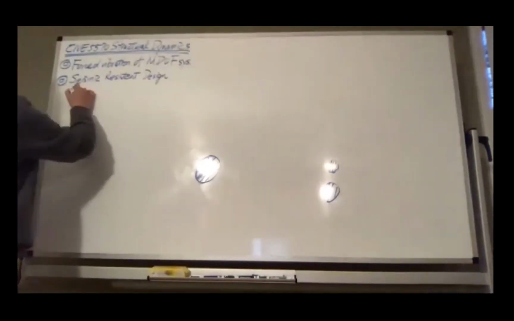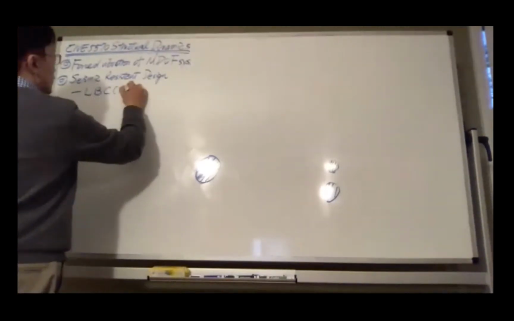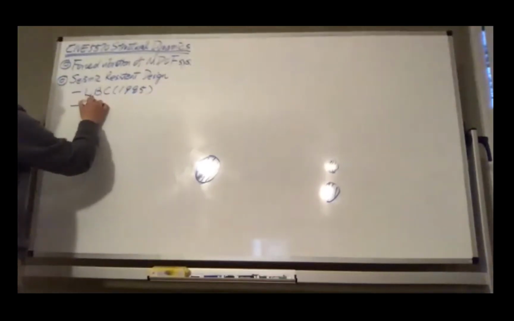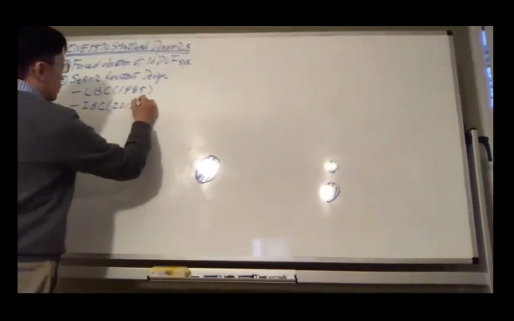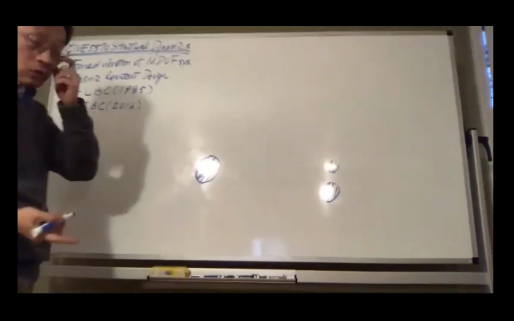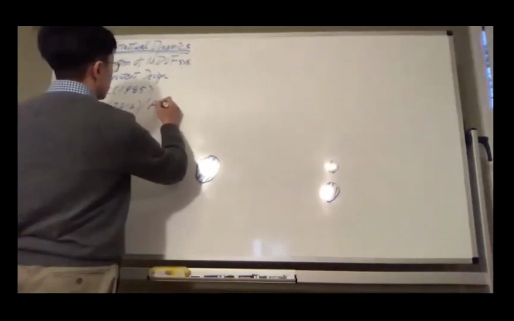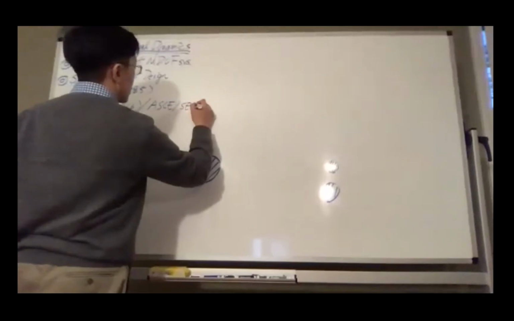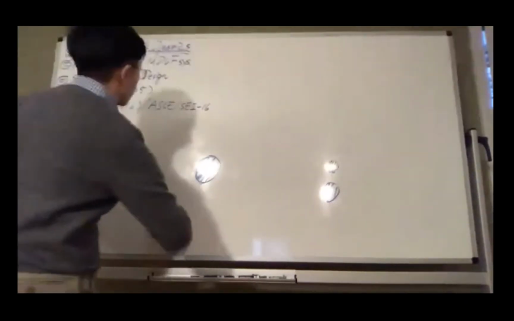One is UBC 1985. The other one is IBC 2016. Well, IBC 2016 is similar to the ASCE/SEI 16, so they are the same thing.